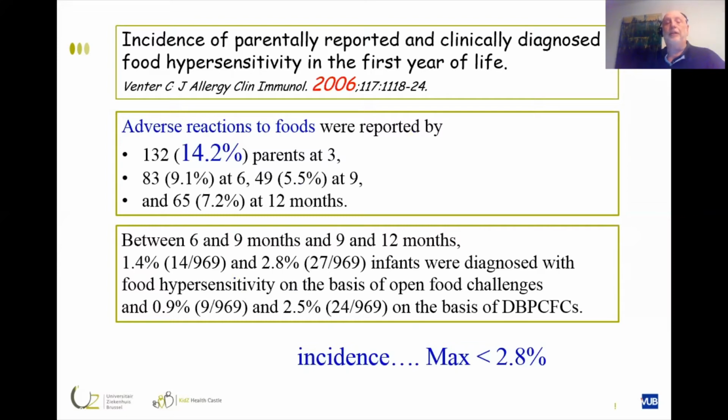But between 6 and 9 months and 9 and 12 months, it's only 1.4 and 2.8% of the infants who were diagnosed with food hypersensitivity on the basis of open food challenges, and 0.9 and 2.5% on the basis of double-blind placebo-controlled food challenge, which results in an incidence of maximum less than 2.8%, while the perceived prevalence was about 15%.